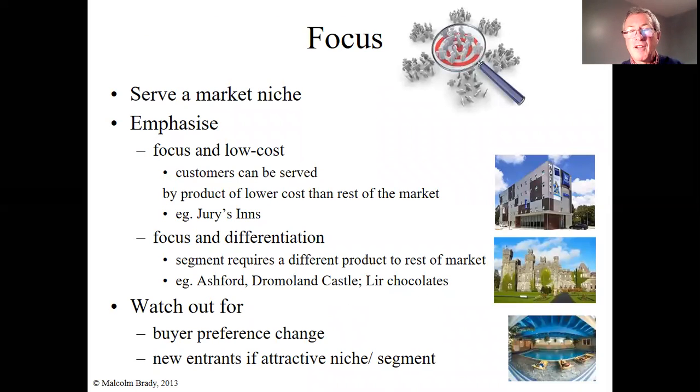Focus then is the final element of Porter's work. So we saw already it can be focused in terms of cost or focused in terms of differentiation. And I'm using the hotel market here to provide examples. So focused on low cost, for example, lots of hotel chains now, Jury's Inn would be one. Many of the French chains, Formule 1 and so on, provide a very basic service at a much lower cost to the hotel provider, usually staffed very little, sometimes not staffed at all.